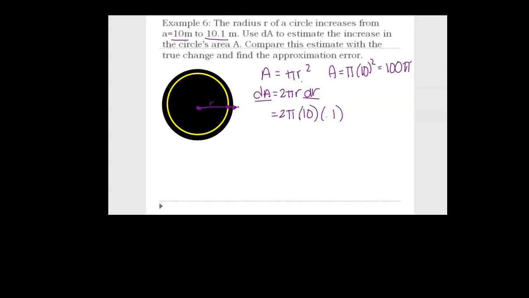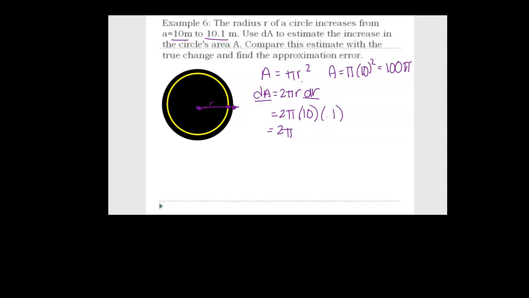So 2 times 10 is 20. 20 times 0.1 becomes 2. So then you get 2 pi. dA would have what units? What would the units be of dA?